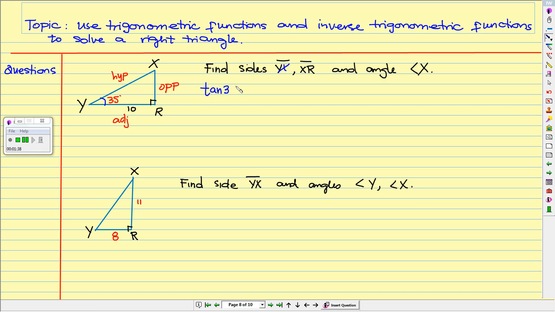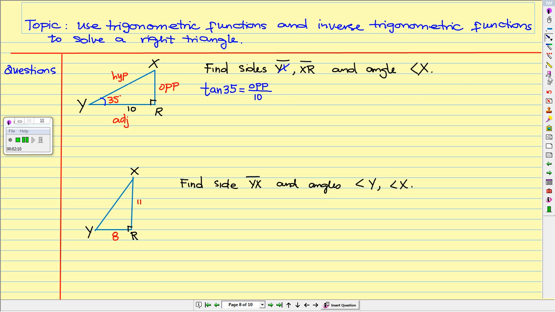Tangent of 35 degrees is opposite over adjacent. The opposite we do not know, over the adjacent, which is 10.